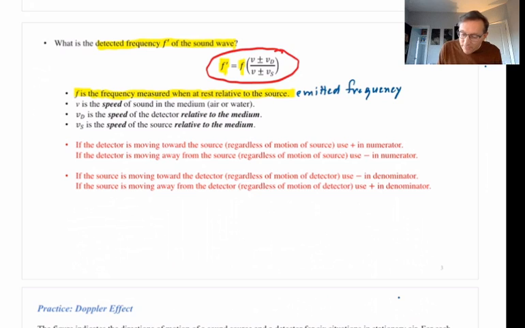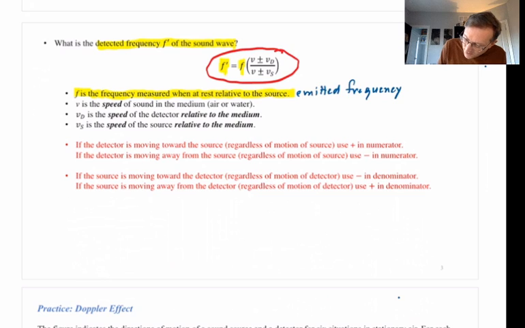Then we've got a bunch of v's in this formula, three different kinds of v's. There's a v sub d and a v sub s. Here's the first thing I want to point out.